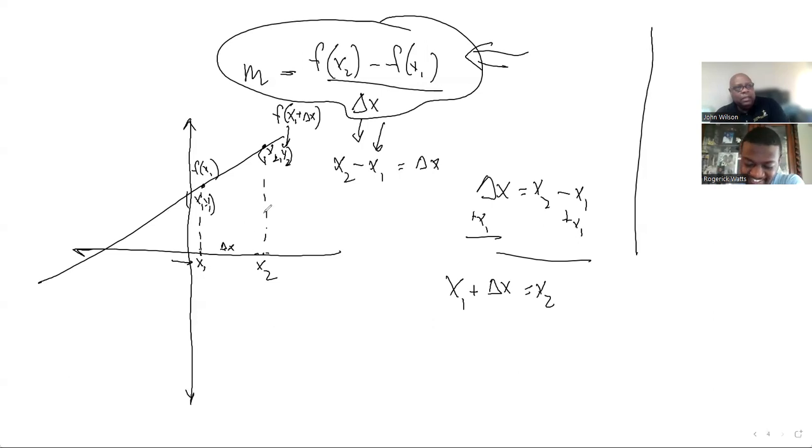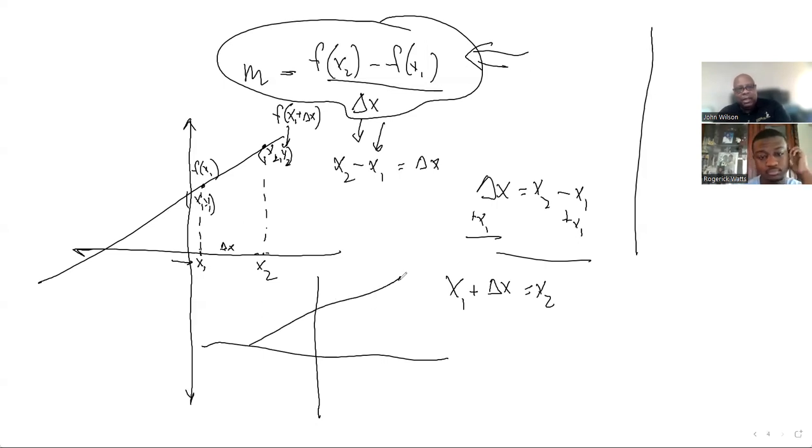So this is the drawing I like people to have in their mind. We relabel everything the right way. Up here is x2, comma, f of x1 plus delta x, whatever that number is. And down here is just x1, comma, f of x1.